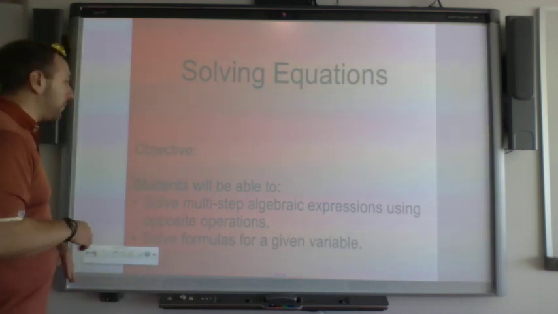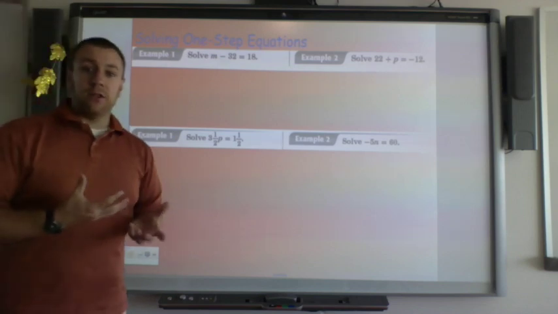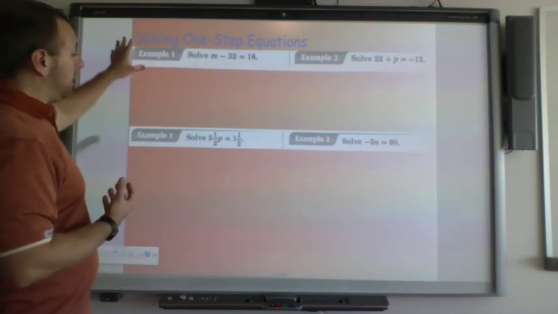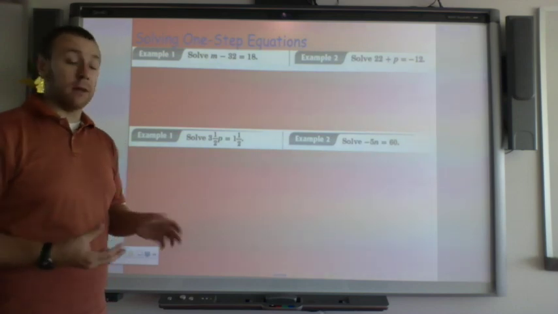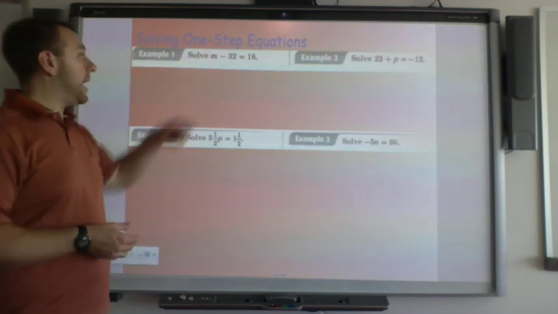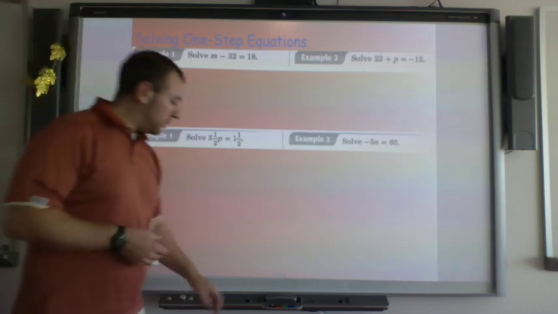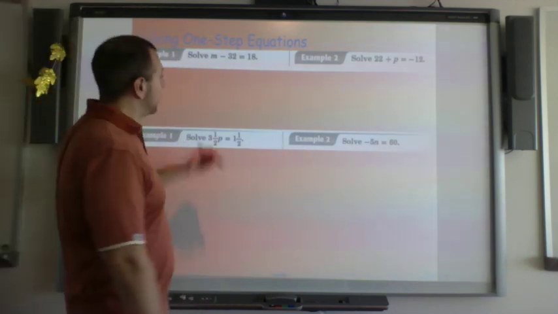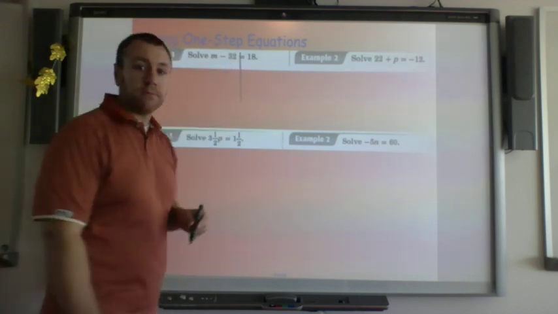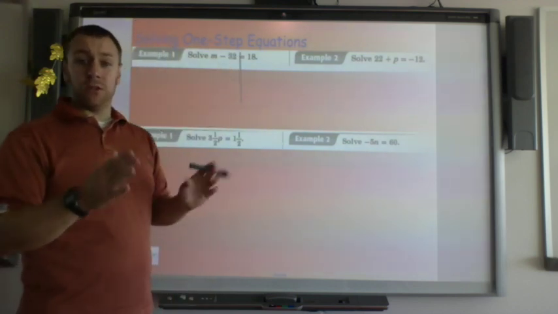So let's begin. The first step you have to do is, these are one-step equations. You have to identify what operation is going on. Well, now I'm solving for m. It says m minus 32 equals 18. So what I do, and what I advise you to do, is to draw a line through the equal sign. It kind of sets up those two sides.